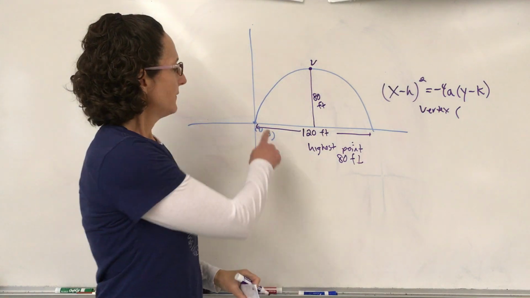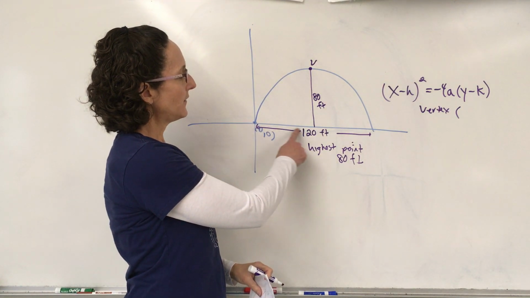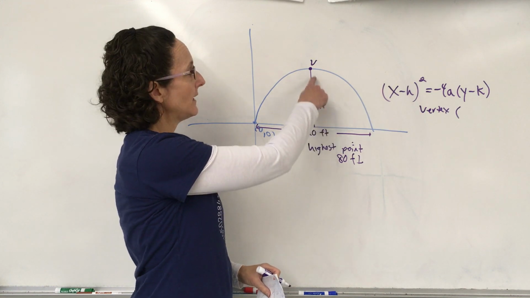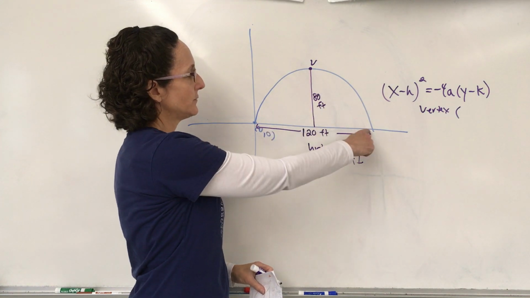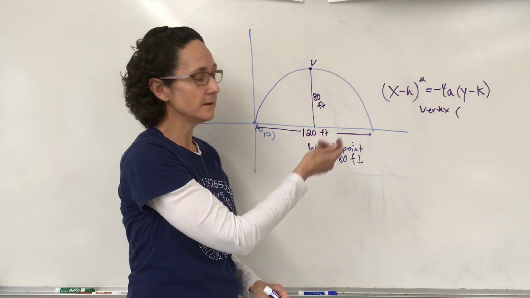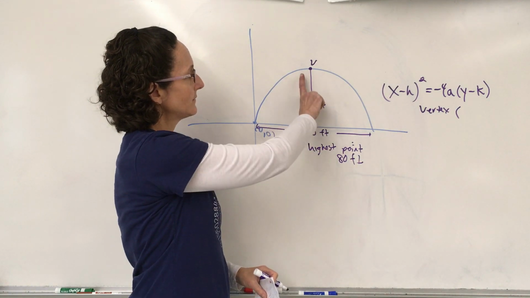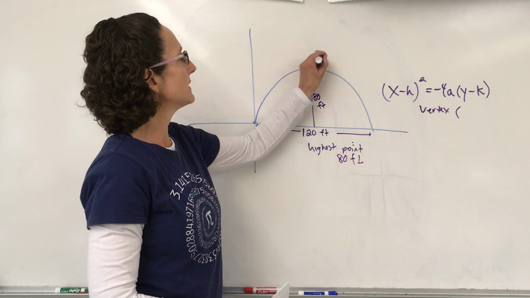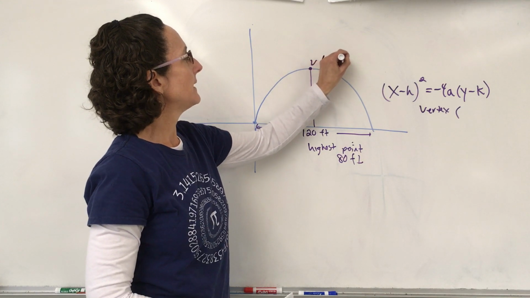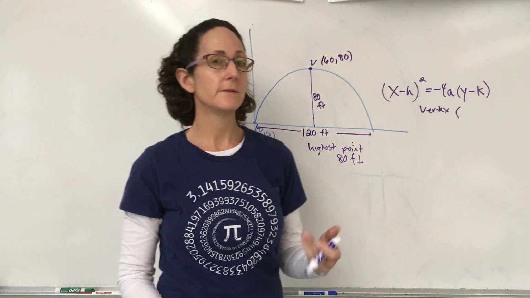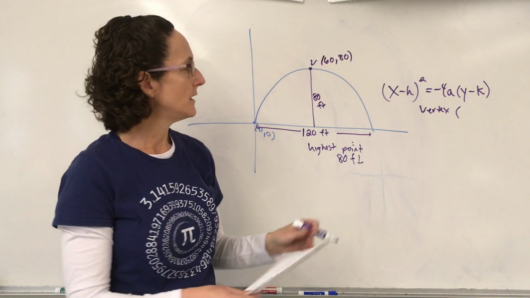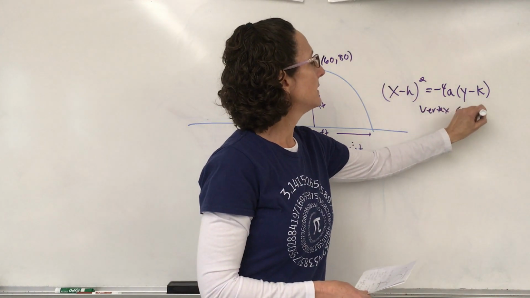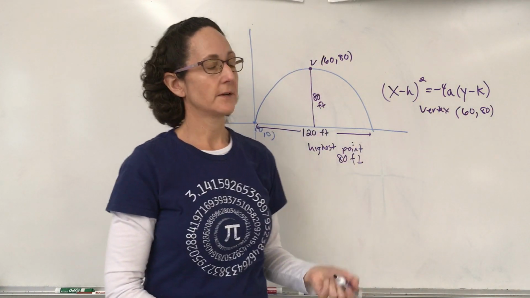So, from here, how far is it to here, and how high up is it, okay? If this is 120, the vertex is, of course, in the middle, so this would be 60, and of course, this is 80. So your vertex is at 60, 80, okay? You always want to fill that part in first, okay? So you're going to go ahead and plug in 60 for h and 80 for k.